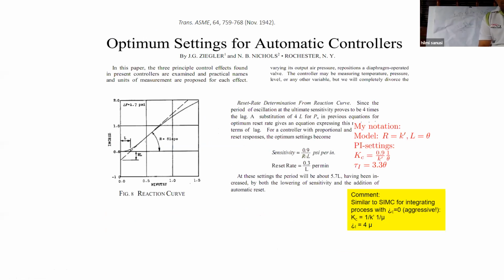Okay, this is the first paper lah. 1942, optimum setting for automatic controllers by Ziegler and Nichols. Both from chemical engineering, University of New York, State University dekat Rochester.